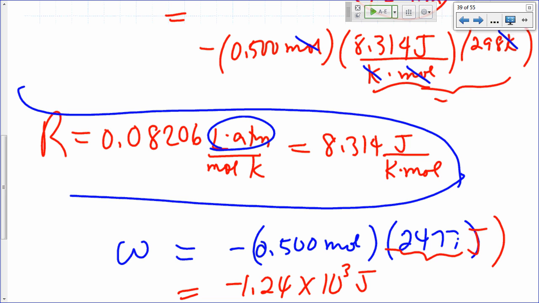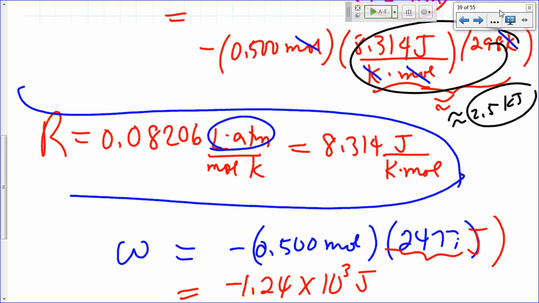That's a good number to remember. That's 2.5 kilojoules per mole. You're going to encounter that a lot. So if you want to quickly ballpark a number, think of that as an estimate.